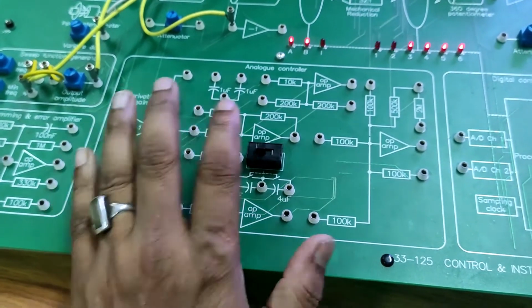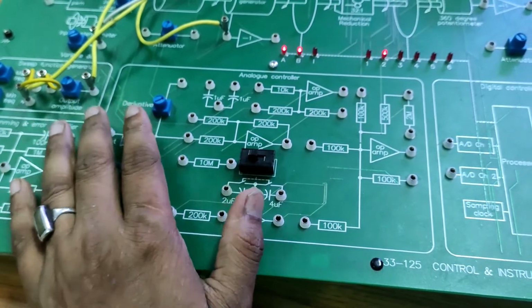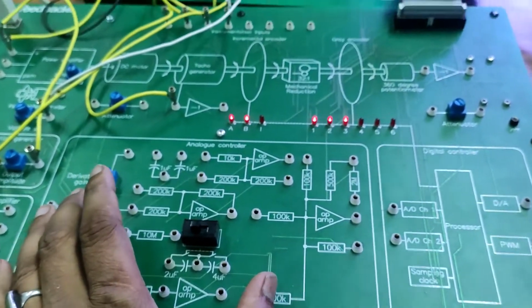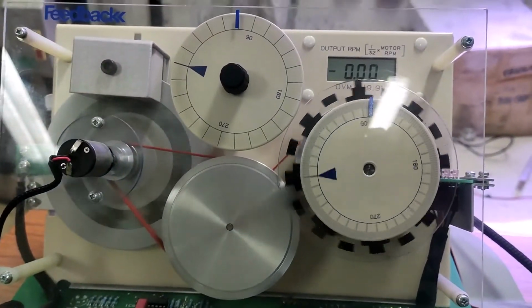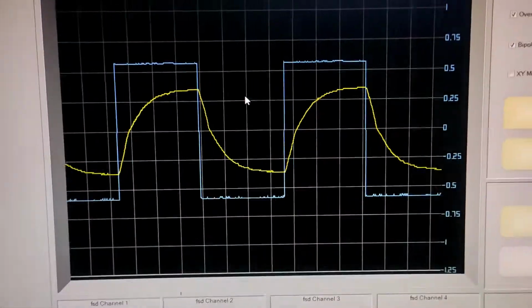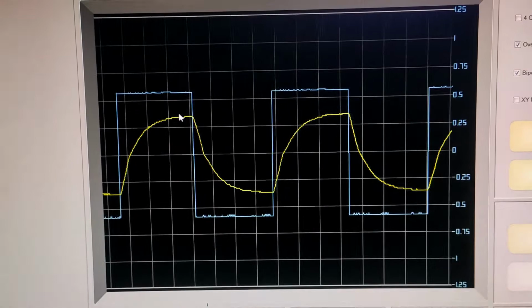If you use these three, or any set like PD or PID, then this motor will overcome this braking load and it will manage whatever input you are giving.